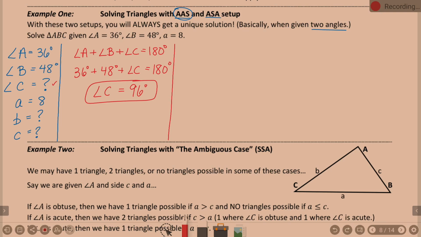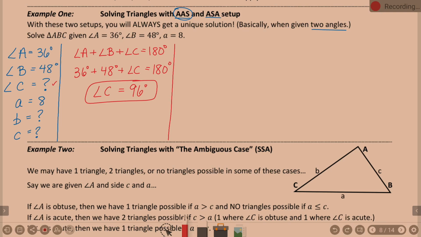Now we have to start finding our sides. In order to find sides, we're going to talk about the law of sines. What set of information do we already know? We already know the sine of angle A, 36 degrees, divided by side A, which is 8.